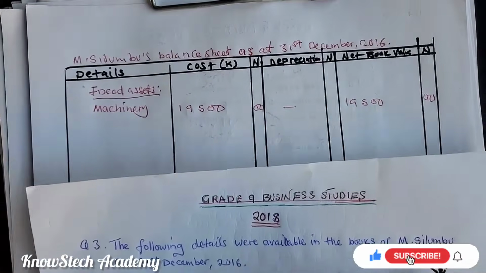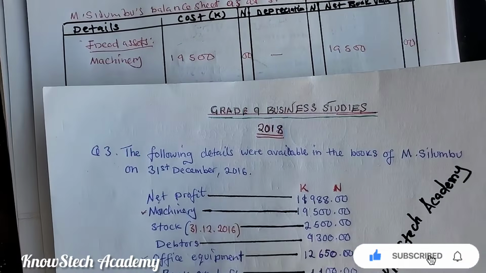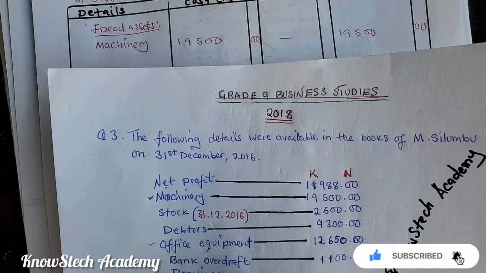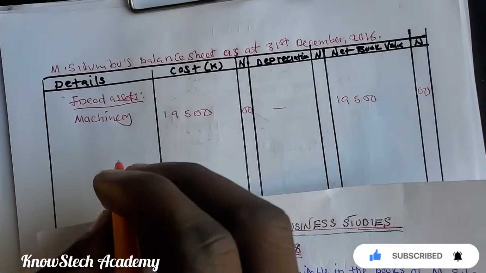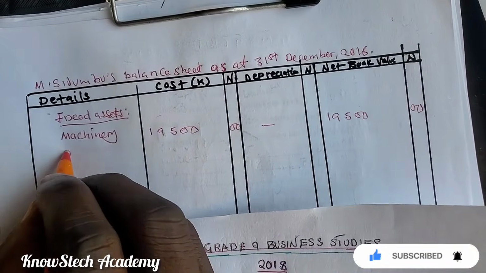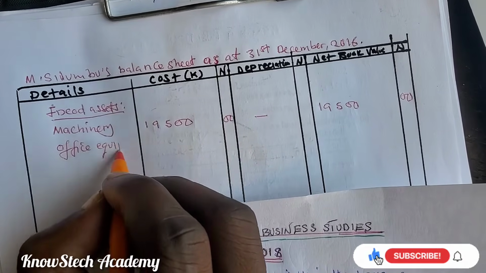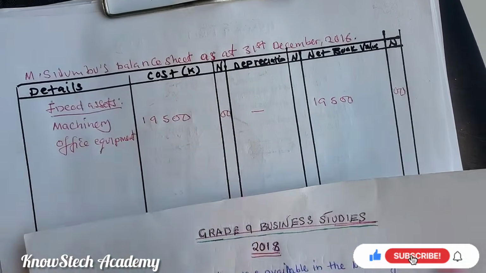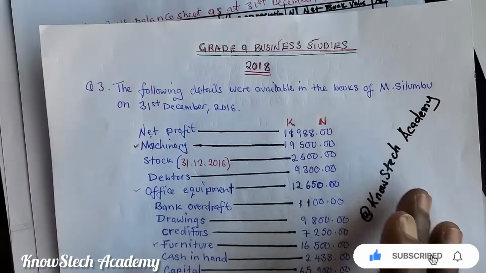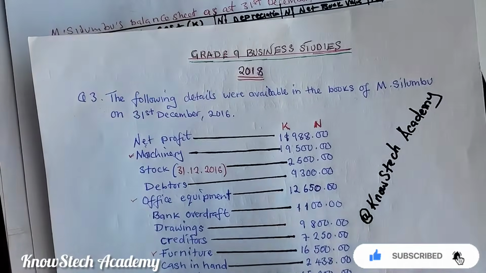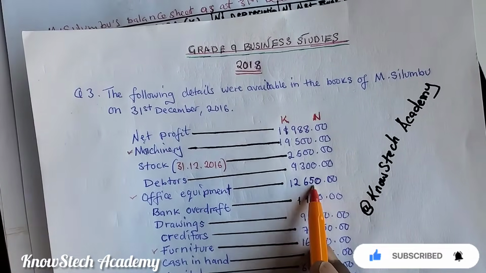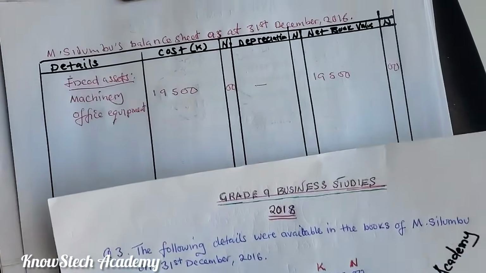Then the next fixed asset here is office equipment. So we are going to write here office equipment. How much? Our office equipment was 12,650.